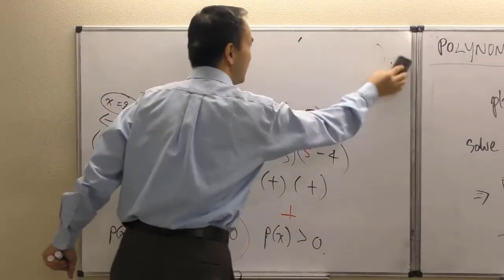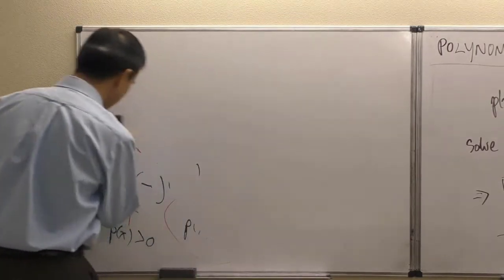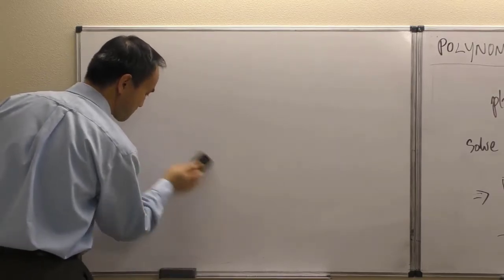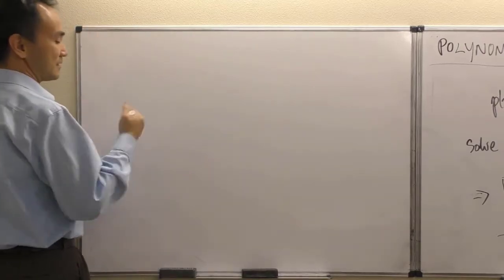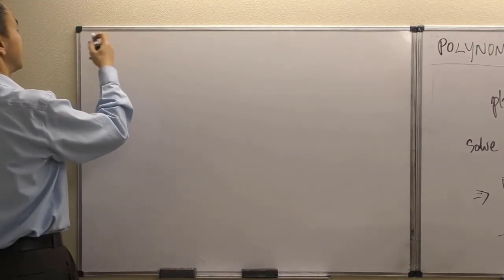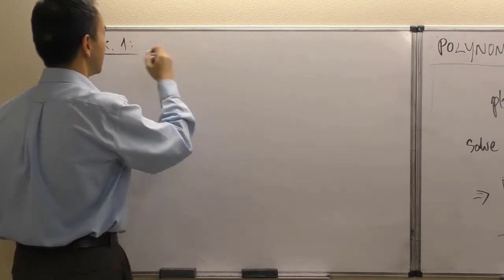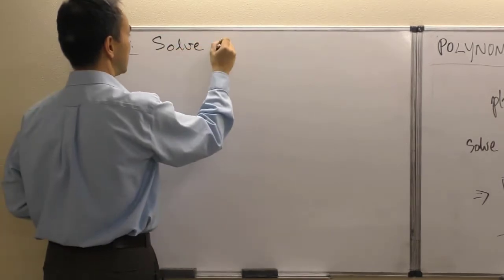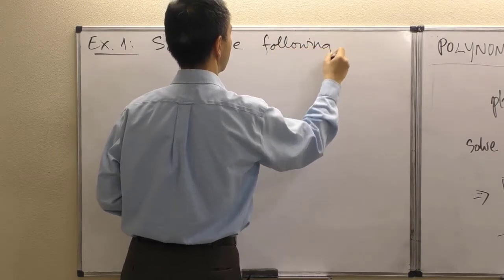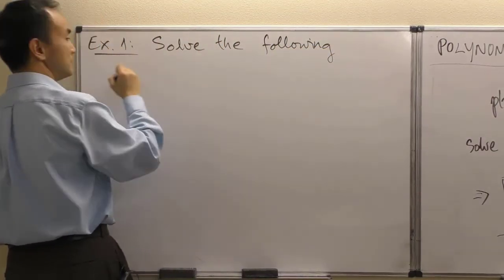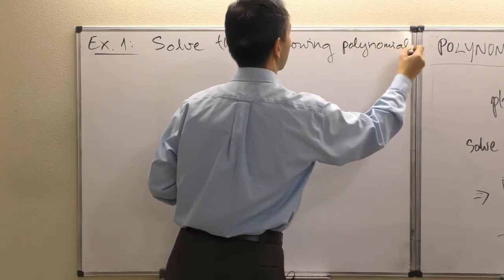And so now let's look at our first example. Let's look at our example 1 right here. So we would like to solve the following polynomial inequality.